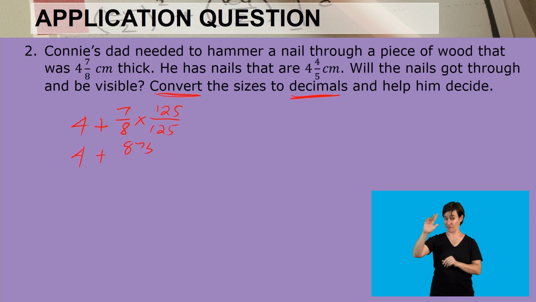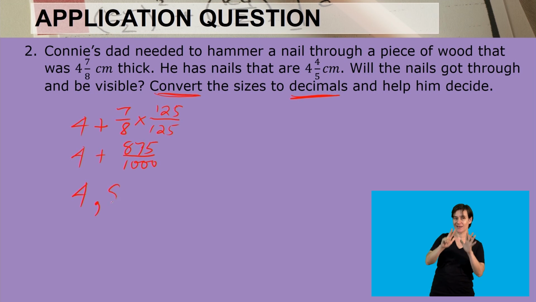So it's 875 divided by 1,000. When we write that as a decimal, it would be 4, which is the whole, and then the comma, and we have 875 as the decimal. Let's do the other one, which is now 4 and 4/5.